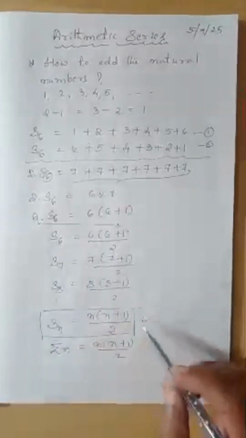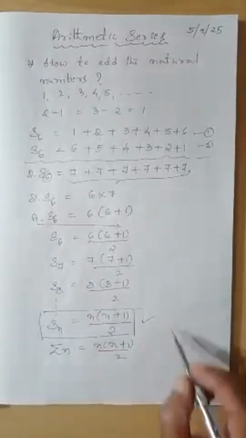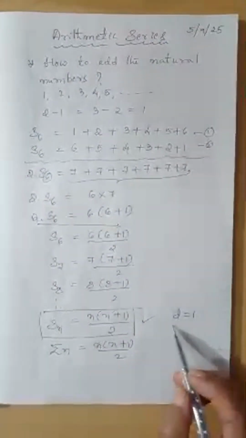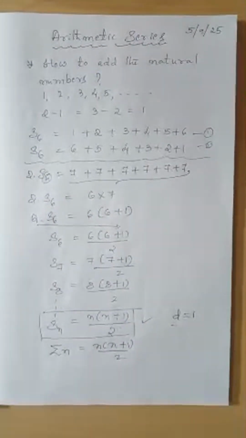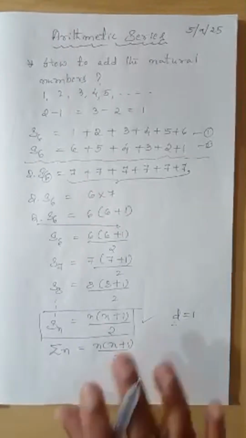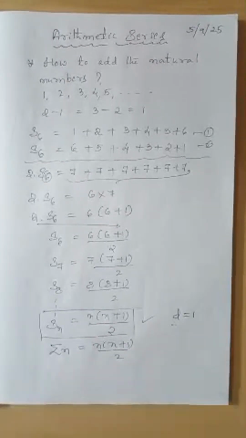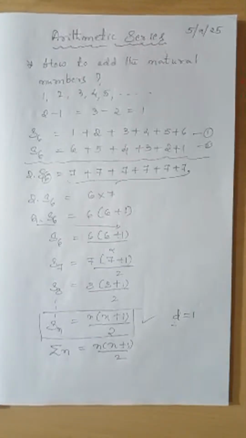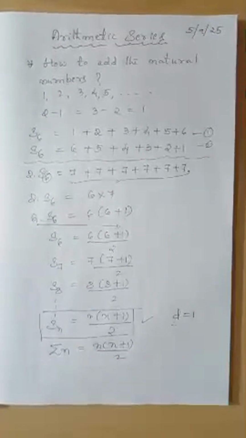We developed this formula where the common difference is exactly equal to 1, as in natural numbers. This formula can also be used for multiples of 2, multiples of 3, or multiples of any number. These are the main points to keep in mind.